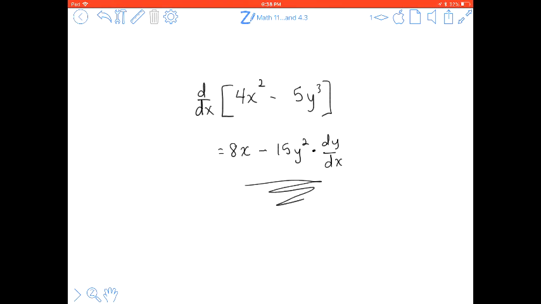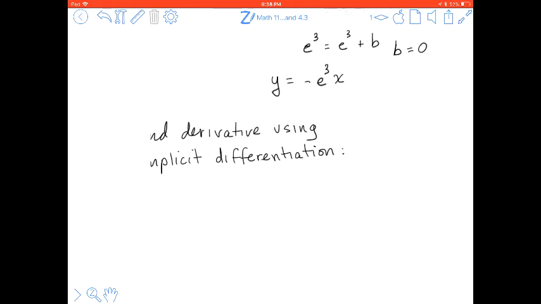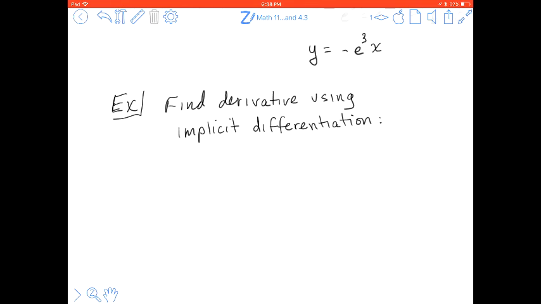So this is what we did back in section 2.7 using implicit differentiation. So the only thing that's going to be different now is it's going to have exponentials, base e exponential, for example.